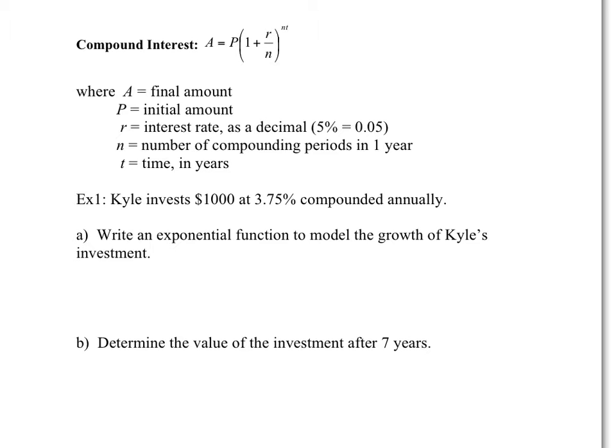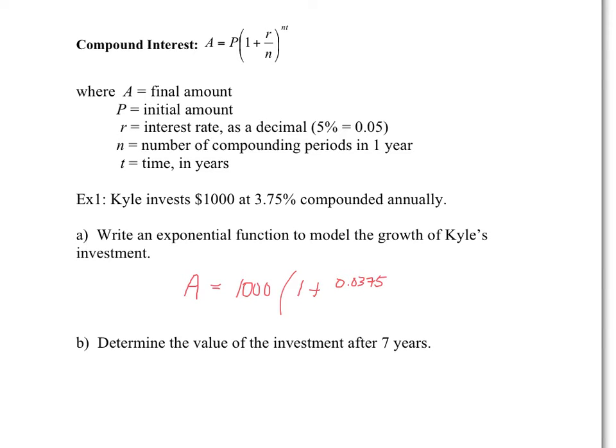So, A is the final amount, so that's the number we will not know. P is the amount you've invested, so that's the $1,000. Notice that's your stretch. 1 plus r, which is 0.0375, right?